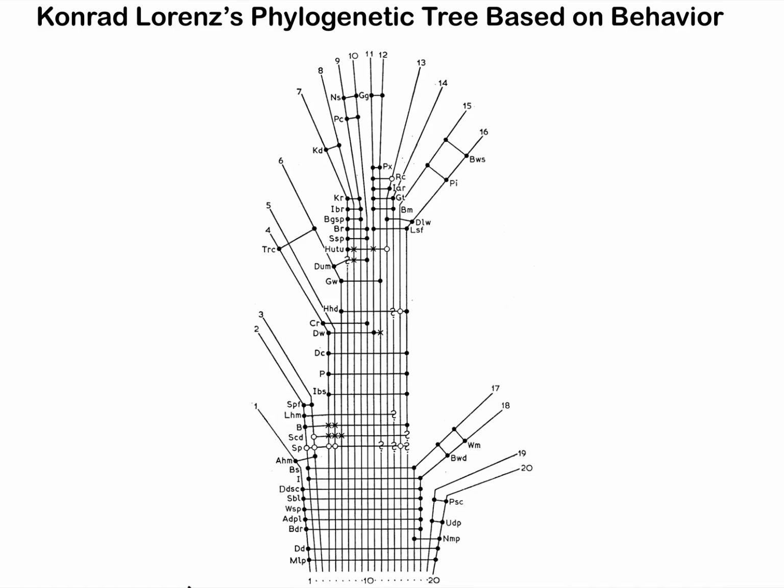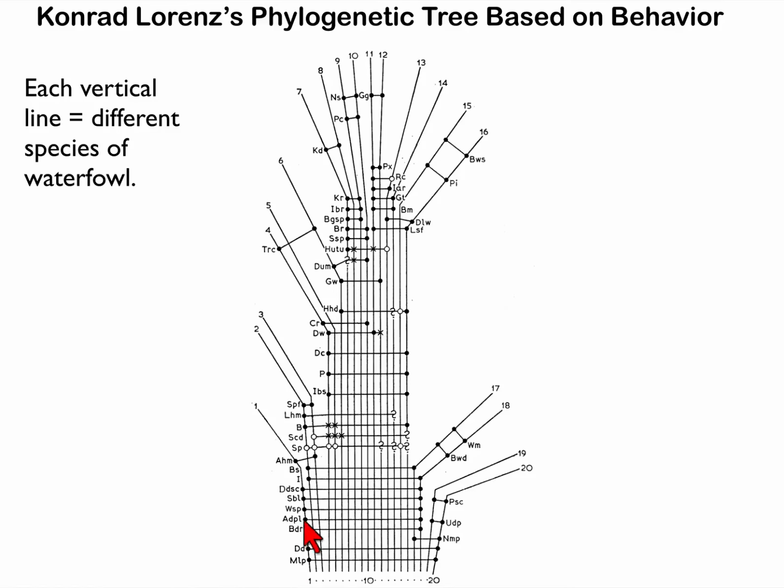Now, Konrad Lorenz did something rather clever. He had a phylogenetic tree of waterfowl based on their behavior, and this is the way his tree looked. The abbreviations will mean nothing to us because they're basically based on German words. But in any event, each vertical line is a different species of waterfowl.